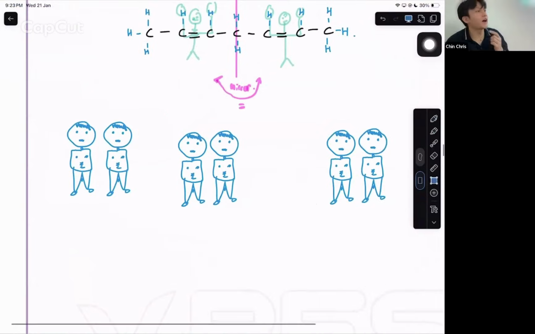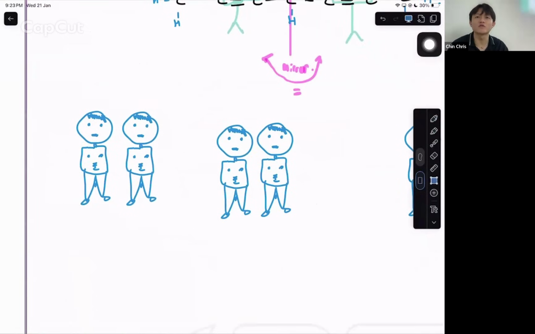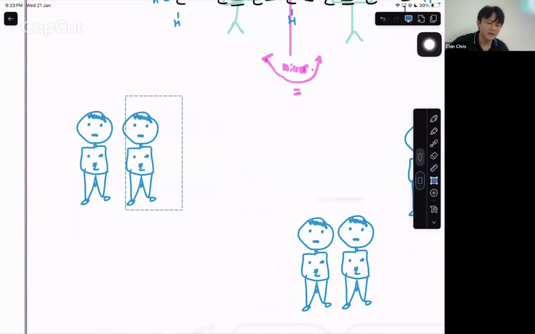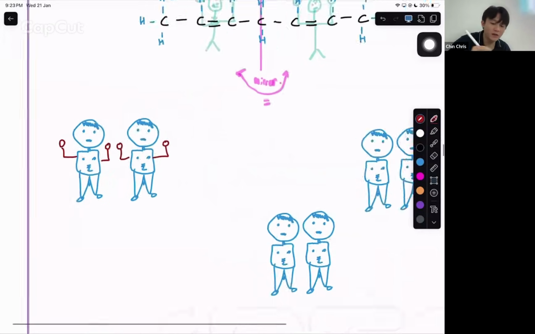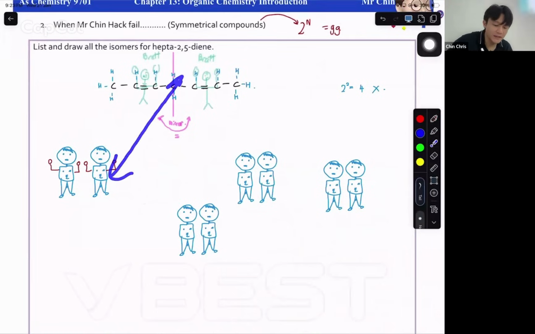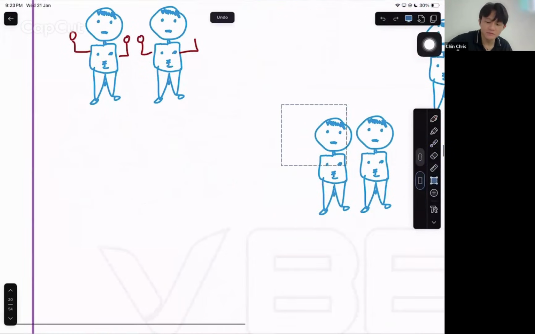Yes. Alright, guys, now let's look at the first way these two fellas can dance. I can make them do a cis, a cis. Correct or not? That's the first one, which is shown here. Okay, what else?